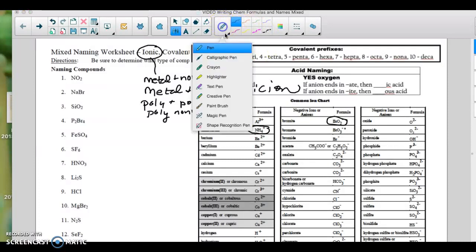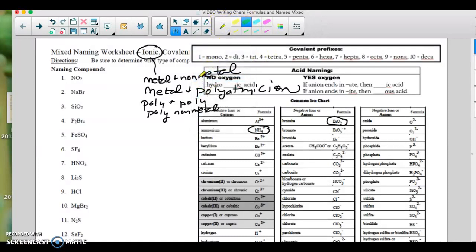So again, I highly recommend that you use a highlighter on tests and quizzes, or possibly just write an I next to the ionics. So I'm going to highlight. This one's not ionic because this is two nonmetals. These are both on the right of the staircase. This is, though.